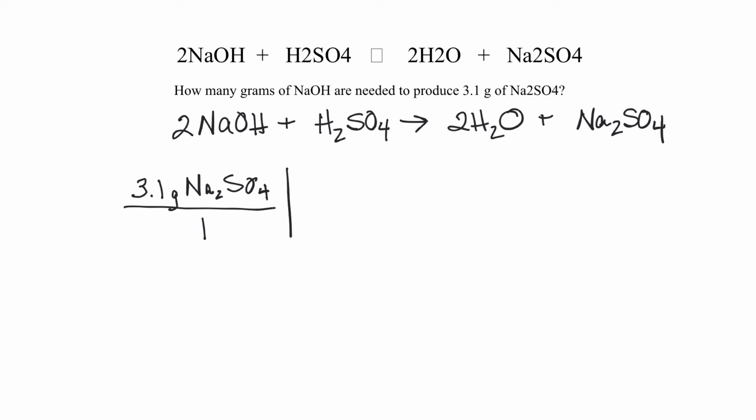To get there, we're going to have to use the molar mass, so we can get moles of sodium sulfate, and so that we can do a mole-to-mole ratio between sodium sulfate and sodium hydroxide.